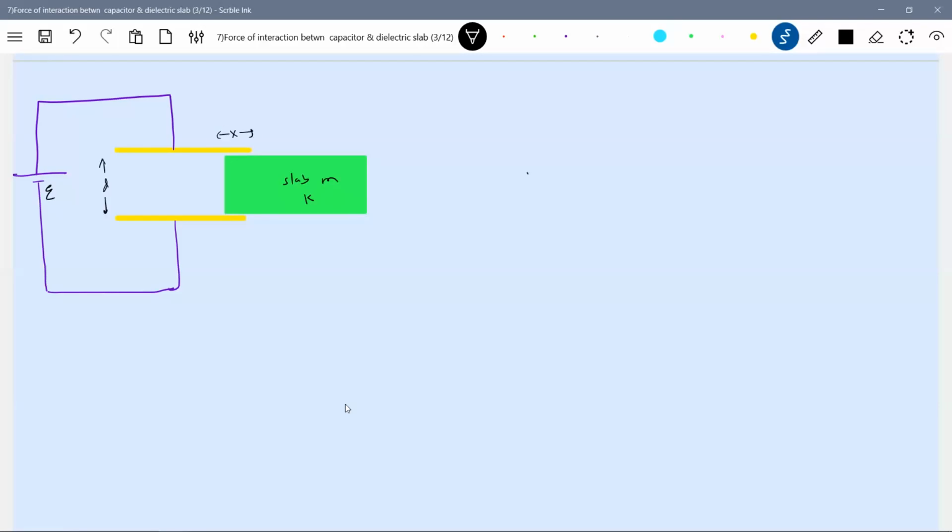Find the time period of oscillations of the slab when x length of the slab is placed between the plates of the capacitor, which has square plates of side length L. So you have to find the time period of oscillations of the slab.